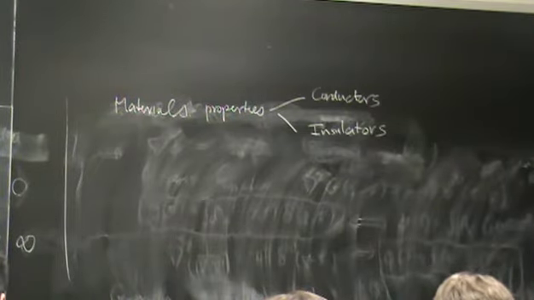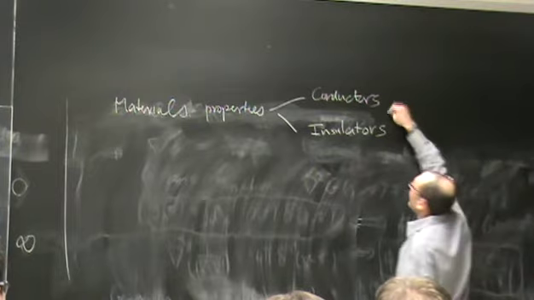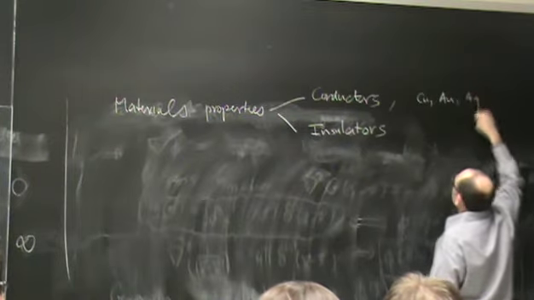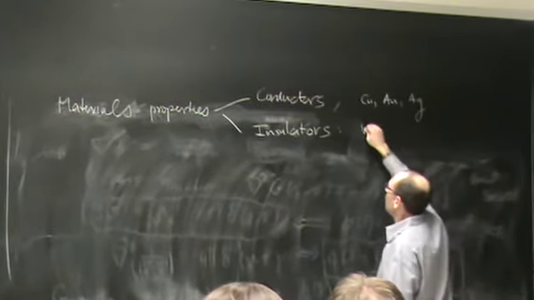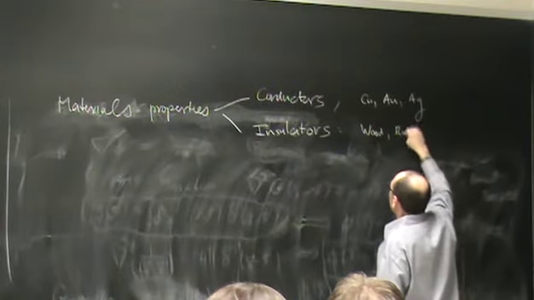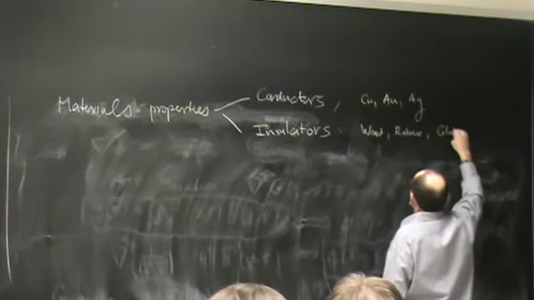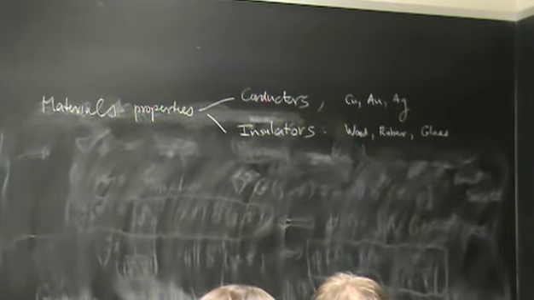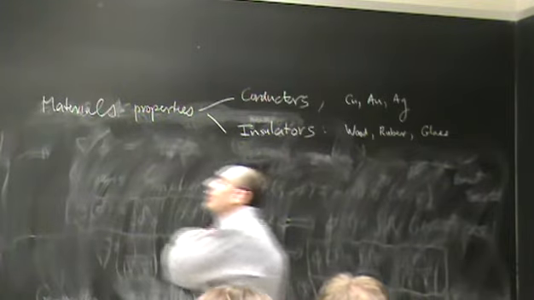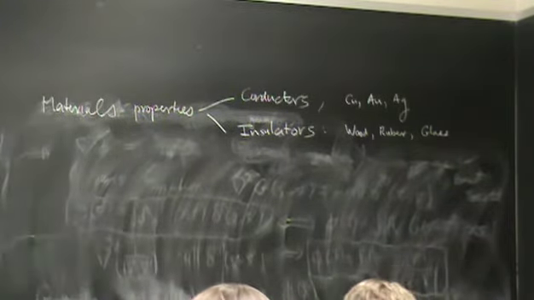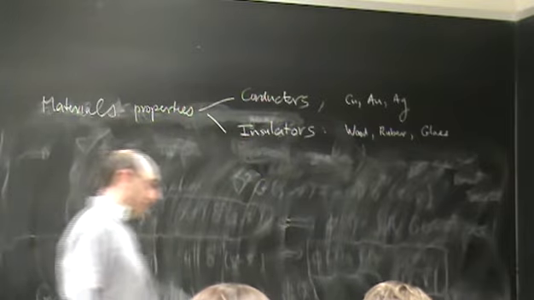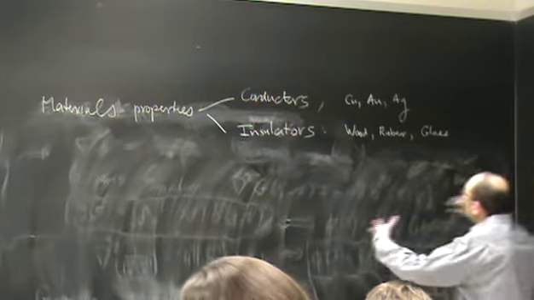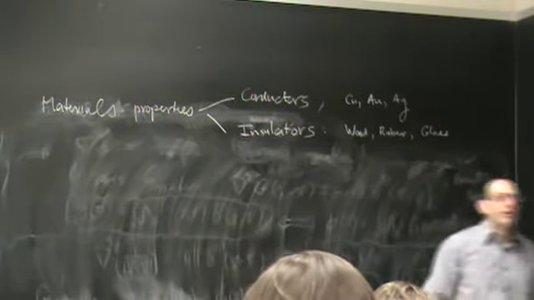There are materials that are essentially perfect conductors, like copper, silver, or gold, and essentially perfect insulators, like wood, rubber, glass. It has to do with whether or not the charges inside those materials are mobile and free to move in the presence of external electric fields, or whether they're tightly bound to the nuclei or the cores in the material.